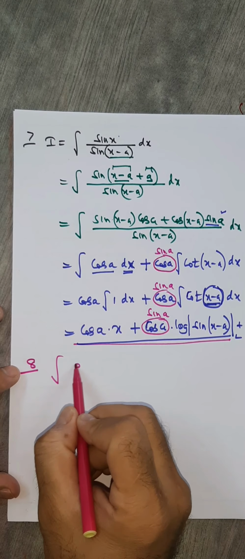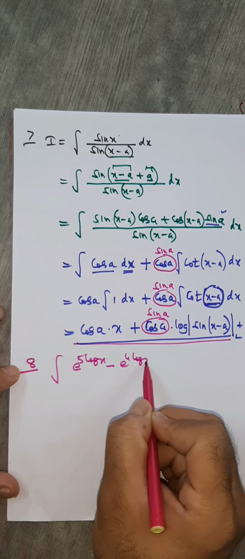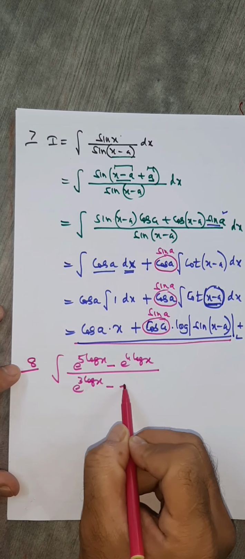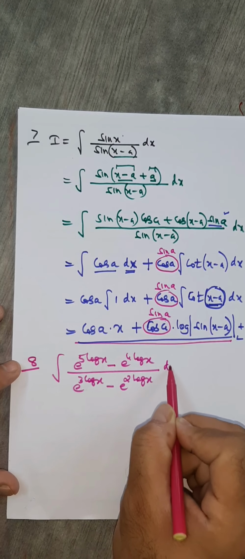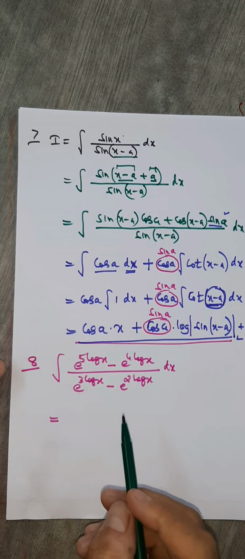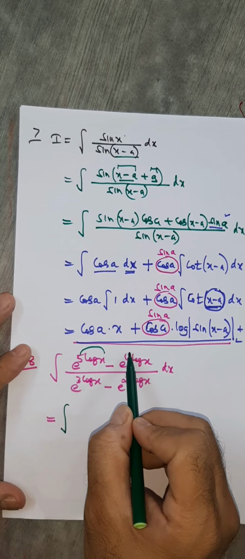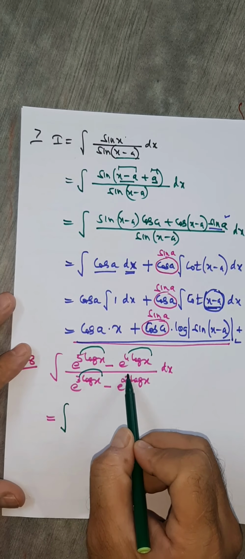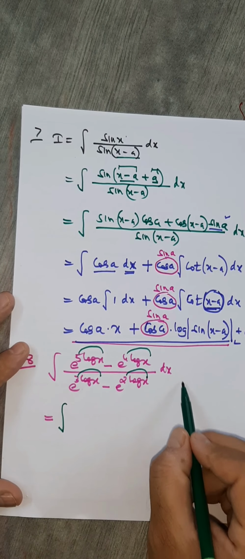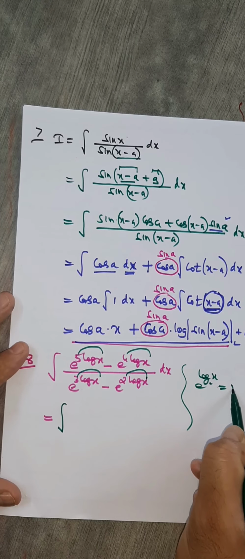Question number 8. You have e raised to 5 log x minus e raised to 4 log x upon e raised to 3 log x minus e raised to twice log x dx. Now here, one of the properties of the log function: 5 will go in power, 4 will go in power, 3 will go in power, 2 will go in power, and then you just recall e raised to log x, your base being e, is always x.